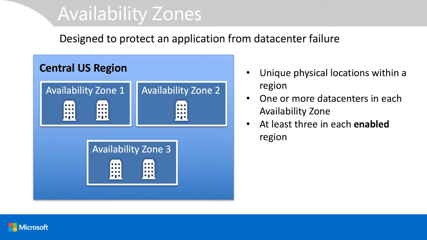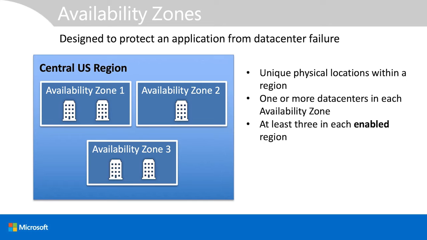Availability zones aren't available in all Azure regions yet, but in those regions that do offer them, there are at least 3 separate availability zones defined. Because each availability zone contains distinct data centers, they don't share a common water source, a power source, or any of the network infrastructure.